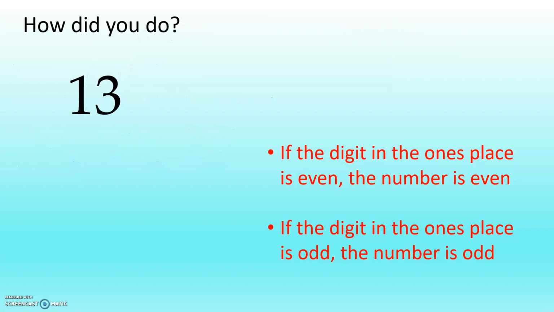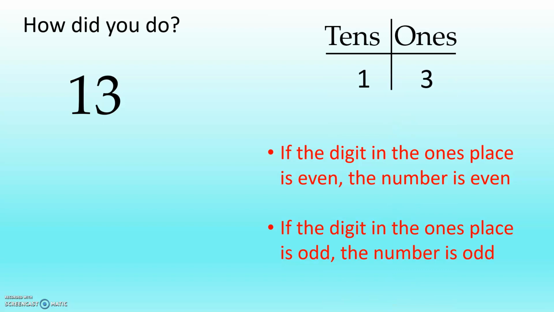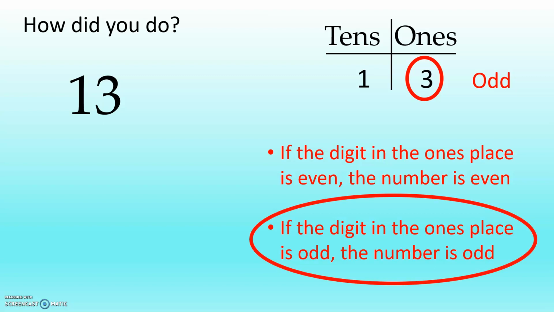How'd you do? Let's look at our first number, 13. You make a place value chart with 1 in the tens place and 3 in the ones place. All right, so we look at the number in the ones place, 3. Well, 3, we know, is an odd number. And we know from our rules that if the digit in the ones place is odd, then the number is odd.